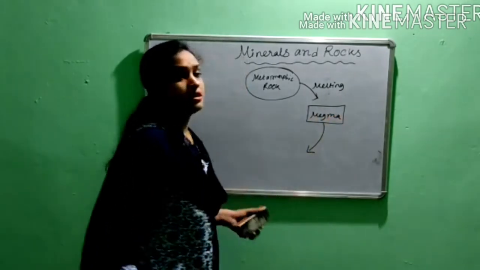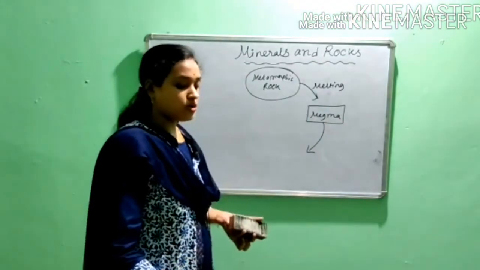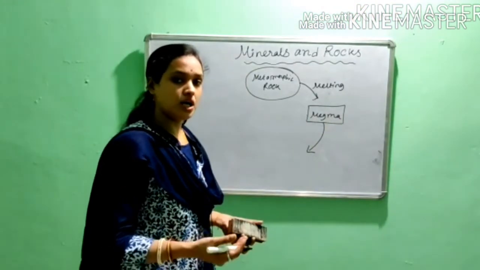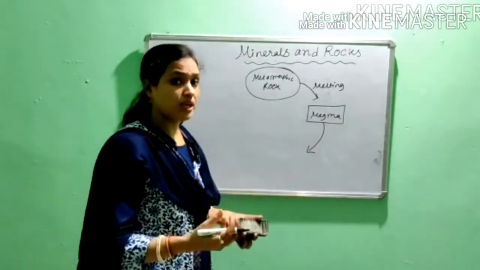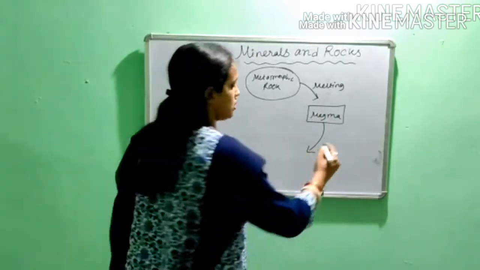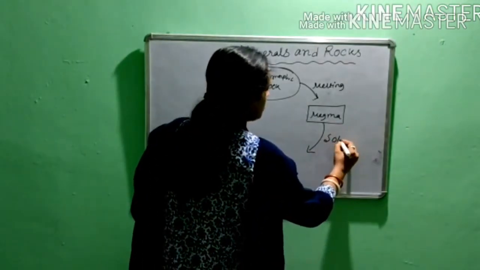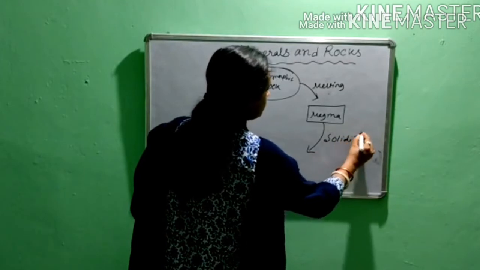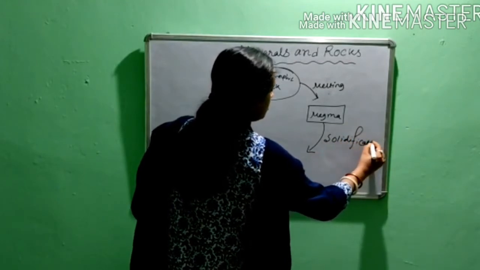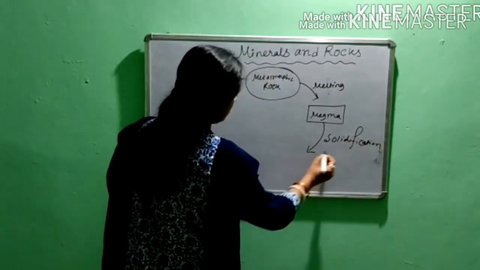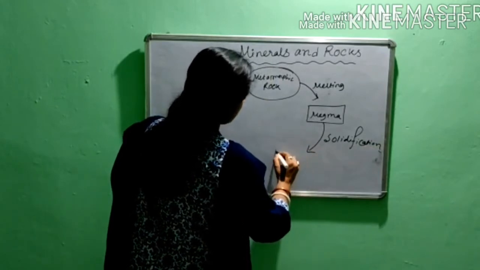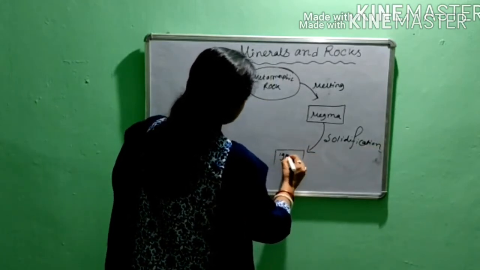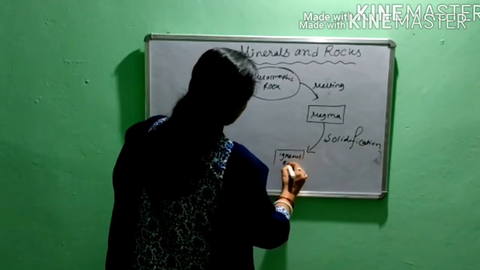Then magma, which comes out from the interior of the earth, through the process of cooling and solidification, so here we write solidification, we find igneous rock.